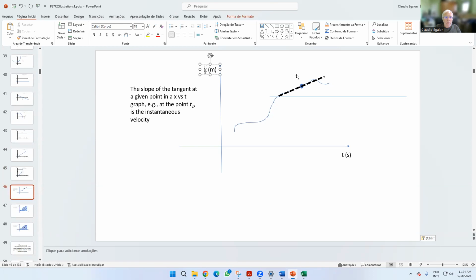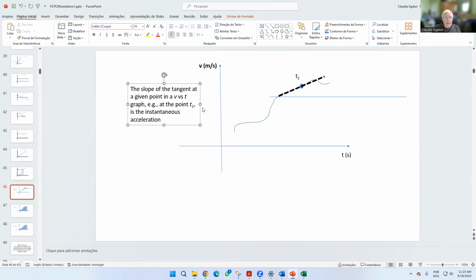Now put v here, v meters per second, versus t. The slope of the tangent at a given point in a v versus t graph is the instantaneous acceleration.